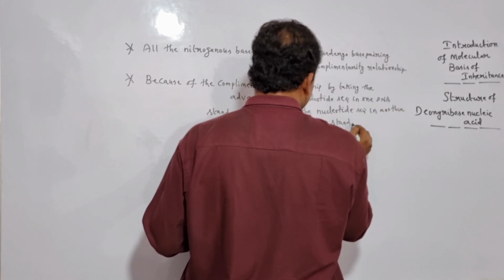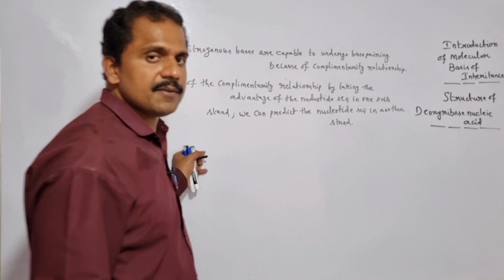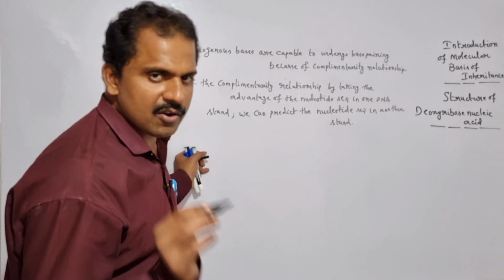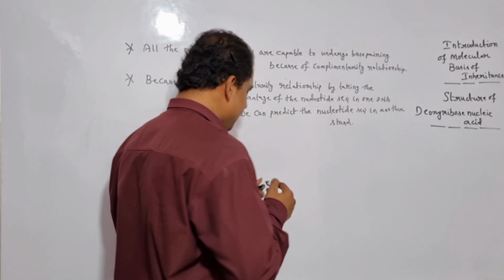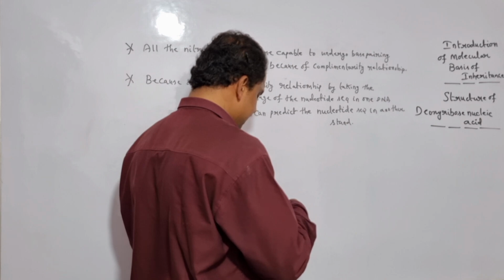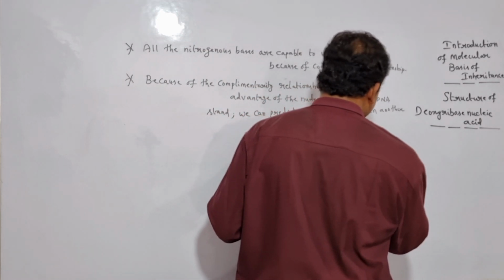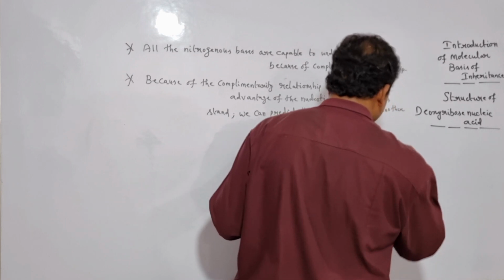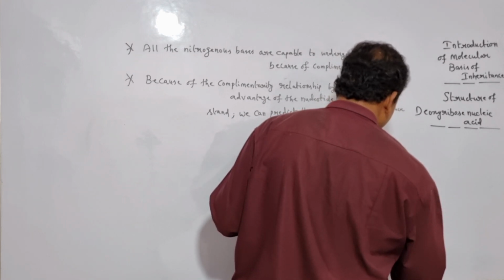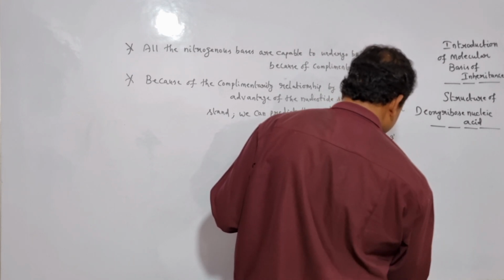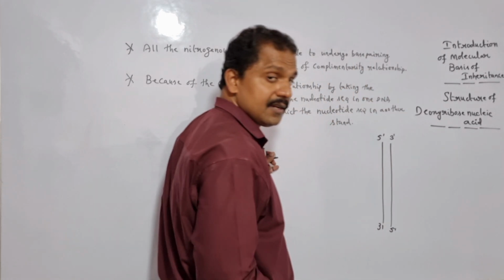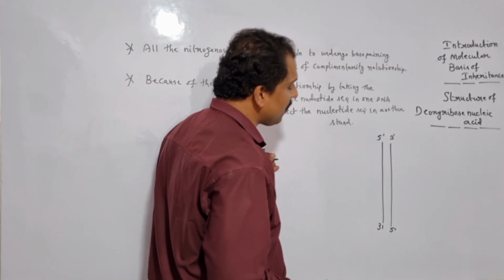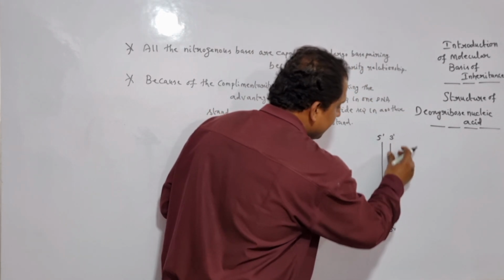Right? So in order to understand this concept, we can take a common example. Let us assume one particular double-stranded DNA. It is 5' to 3' at one end, and here it is 3' to 5' at the other end. Is it clear? Initially we don't know the nucleotide sequence in this DNA strand.